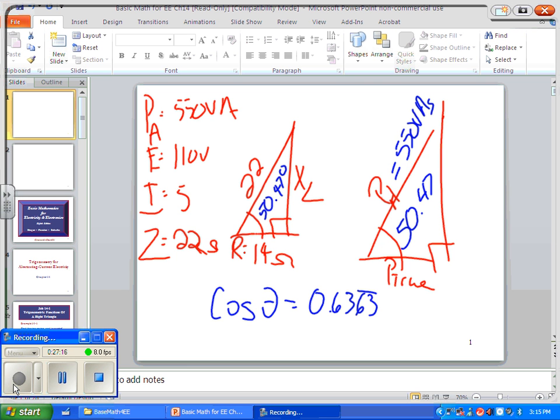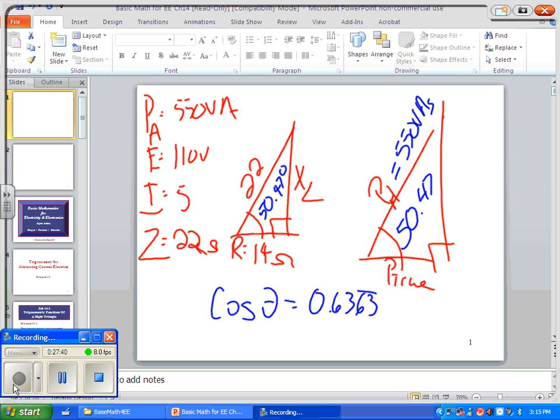Now, the cosine of the phase angle is called the power factor because it tells what percentage of the incoming power is actually going to be converted to true power, the work that's getting done. And we can see that if the cosine is 0.6363, that 63.63% of this 550 VAs is going to be turned into true power.